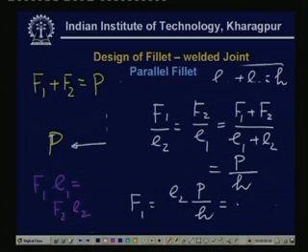And F1 will be equal to the maximum load taken, which will be equal to tau allowable divided by root 2, times the area of cross section.